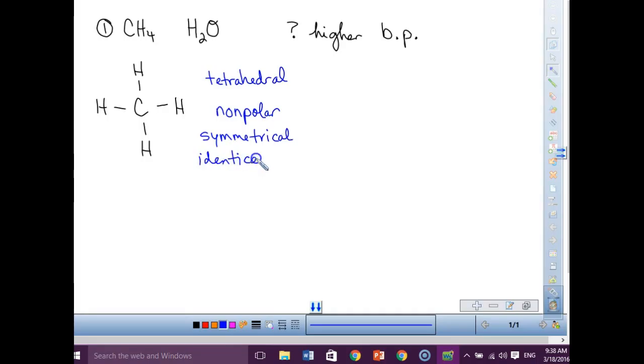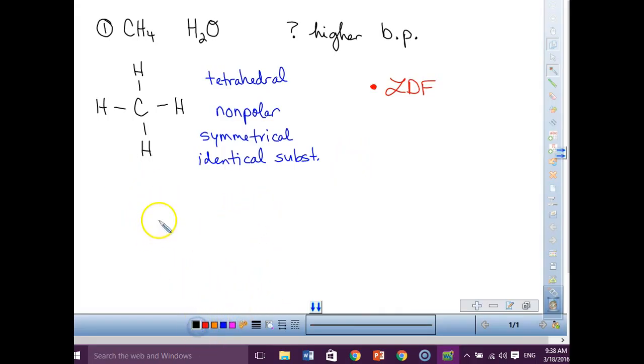Symmetrical with identical substituents. That means as far as forces, since it's nonpolar, the only force it has is what? The force that everything has? London dispersion forces, and that's it.